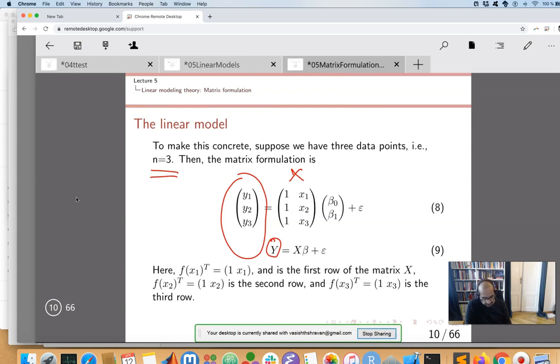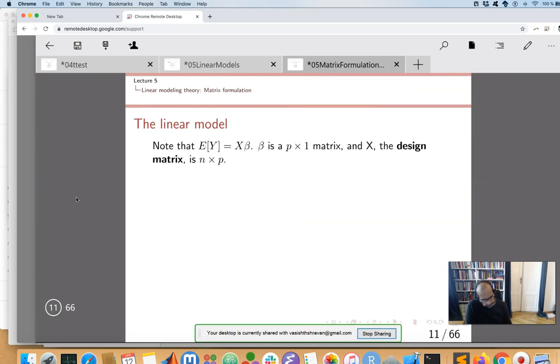And this is my beta vector, and the epsilon is also a vector of 3 numbers: epsilon 1, epsilon 2, epsilon 3, as a 3 by 1 matrix. So that's what this matrix formulation of the linear model looks like, and we're going to work with this now.